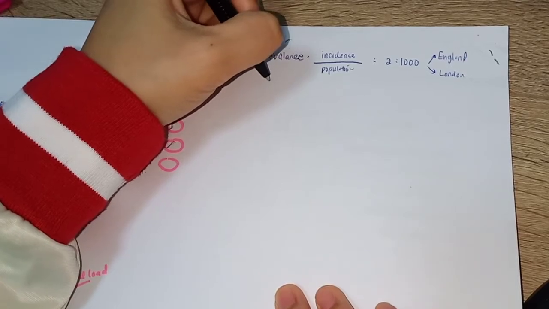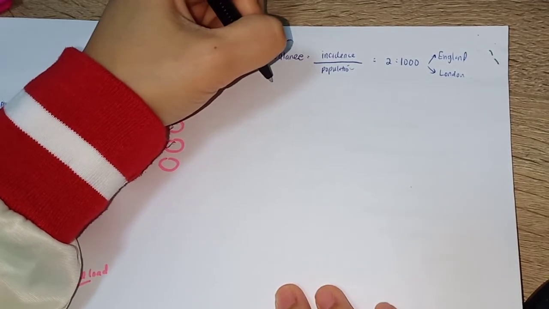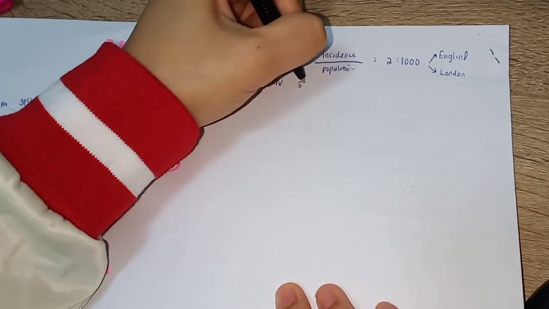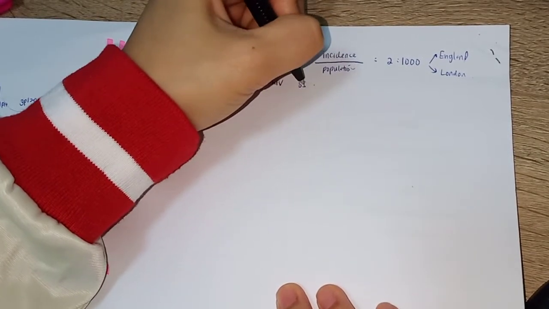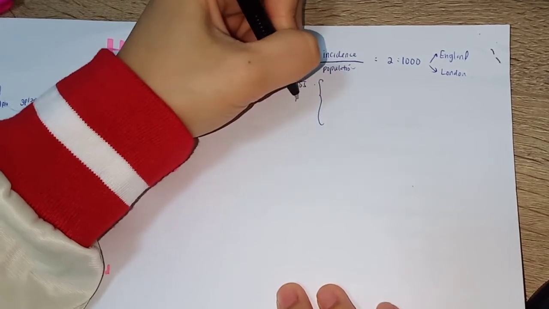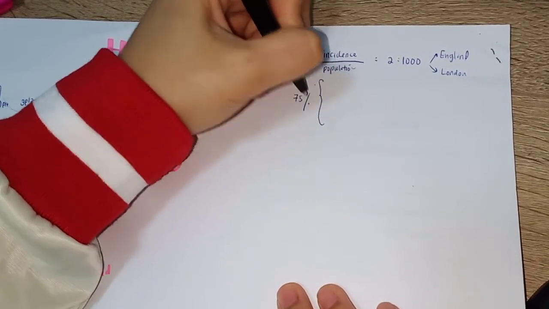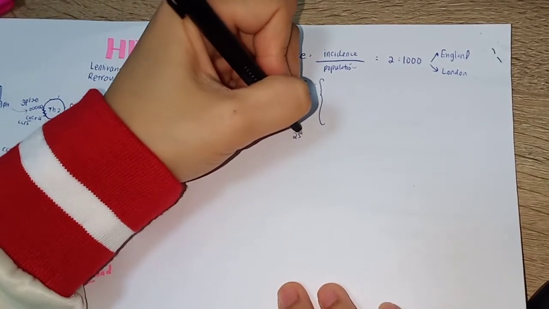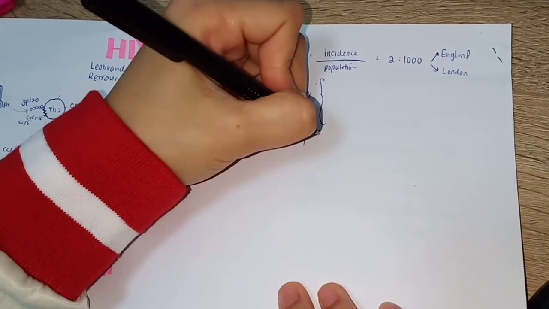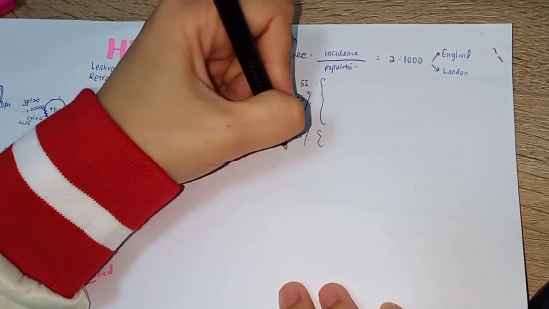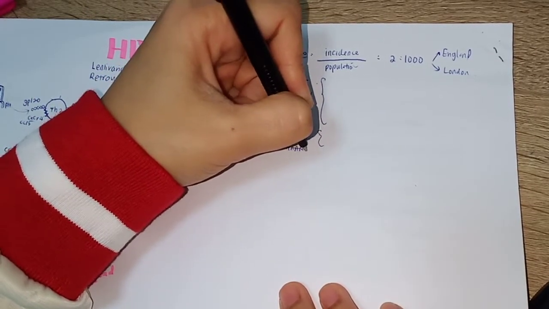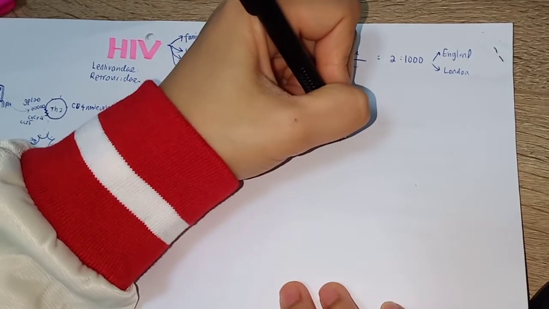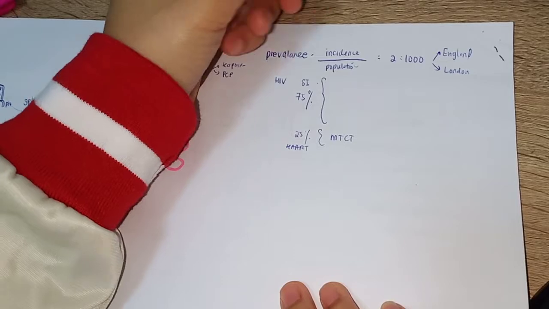HIV can be transmitted through sexual intercourse, which accounts for about 75% of cases, and about 25%, before the presence of HAART, the highly active antiretroviral therapy, was due to MTCT, mother-to-child transmission.